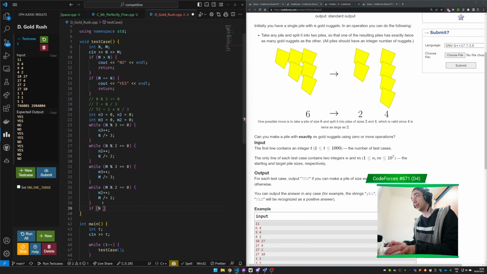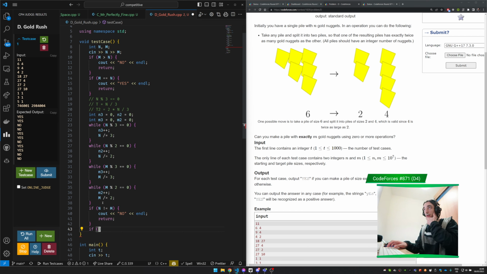If n is not equal to m, then there's no way. But there is like the idea of now putting these here to the action. So in m, if they're equal, so there's like cases here.